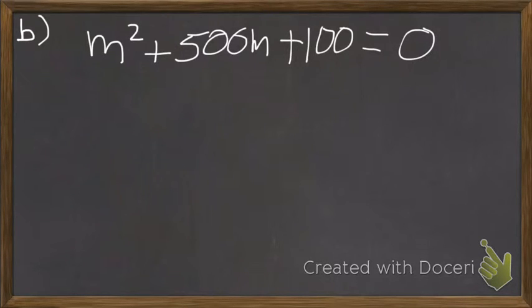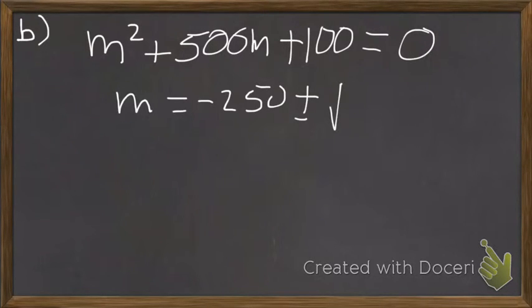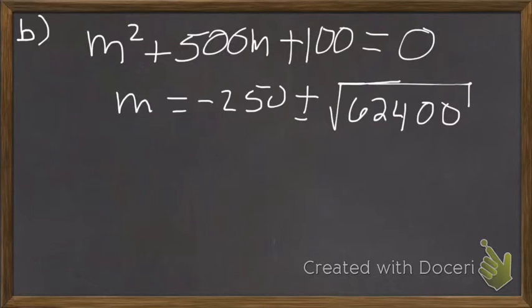This was number 10. For this one, I have m equals negative 250 plus or minus the square root of 62,400. Is that the answer? This is the answer.